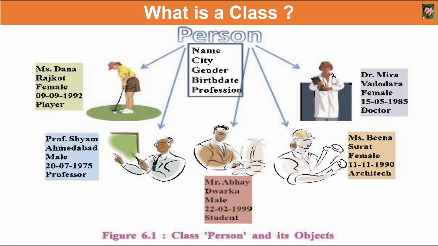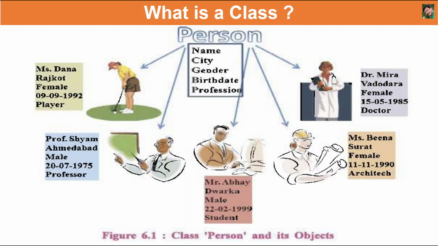Now as you see, for the first object, the name is Miss Dana, city is Rajkot, gender is female, birth date is 9992 and profession is hockey player. Similarly, Professor Shyam, city is Ahmedabad, gender is male, birth date is 2775 and profession is professor, and so on.